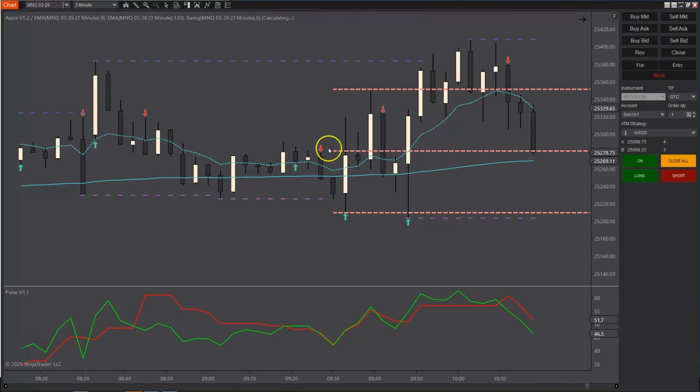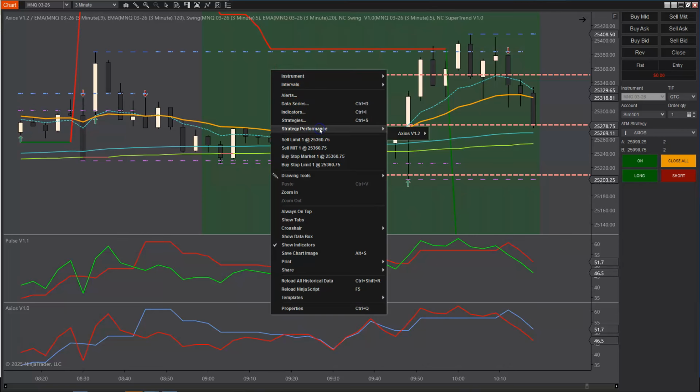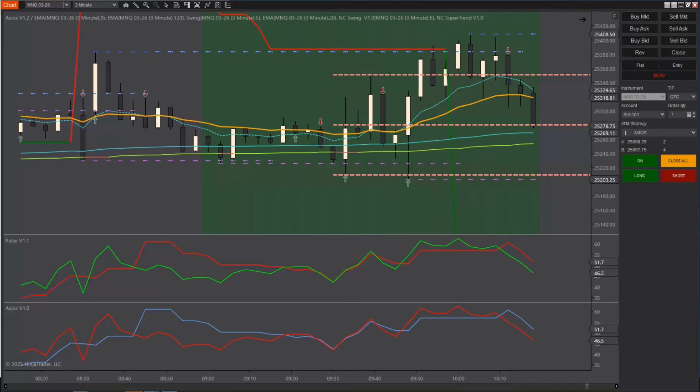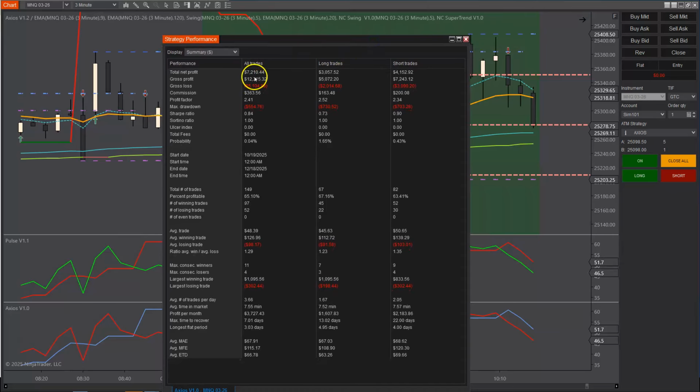So 2 contracts, that means each tick is worth $1. Let's drag this in. So just 2 contracts in the last 60 days, $7,200 with a drawdown of just barely over $550. Absolutely amazing. Over 100 trade sample size, almost 150.